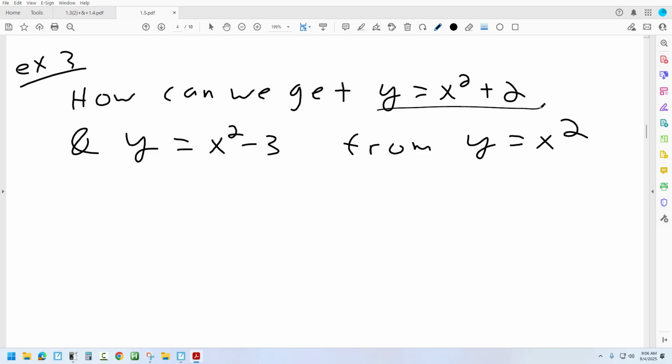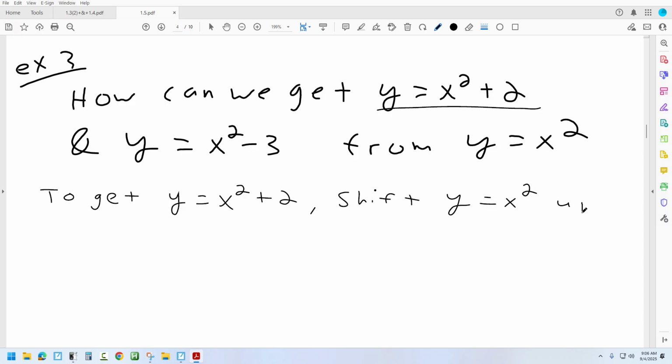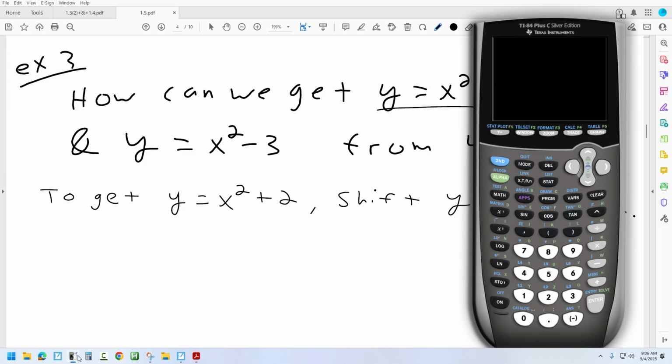Yep. So to answer the first question, to get y equals x squared plus 2, shift y equals x squared up 2. Yep. And I can show you what that one looks like.